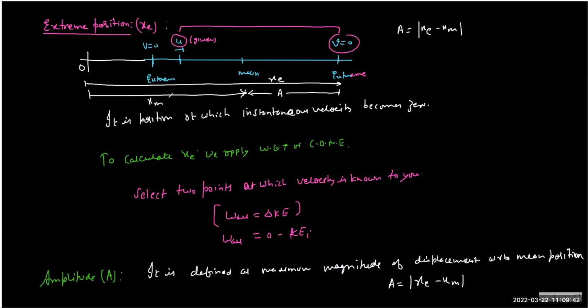And here when I'm writing x mean or x extreme, I'm writing the coordinate from the origin. I am not writing from the mean or something else, just from a mathematical origin. So once I know that from the mathematical origin you go up to the xe value and your mean is at the xm value, then your amplitude must be the difference of the two. Is this clear? Yes.